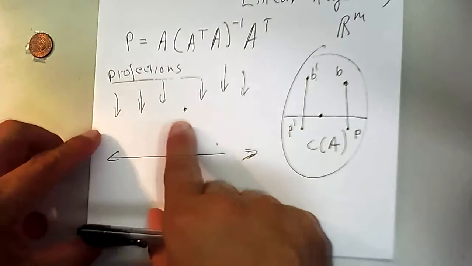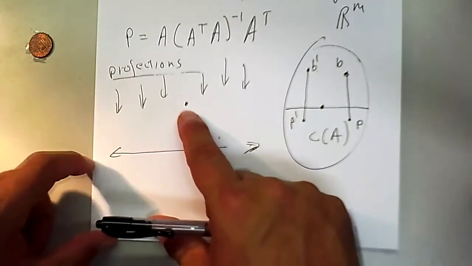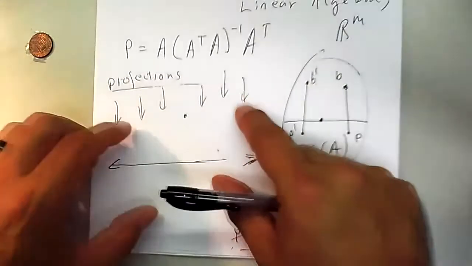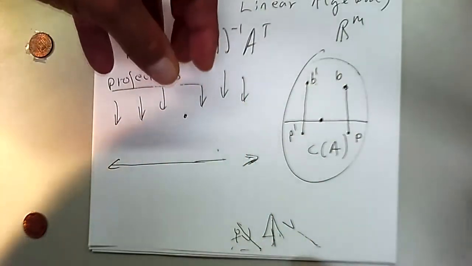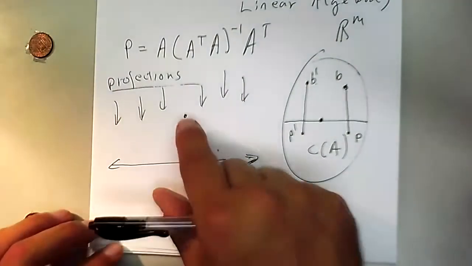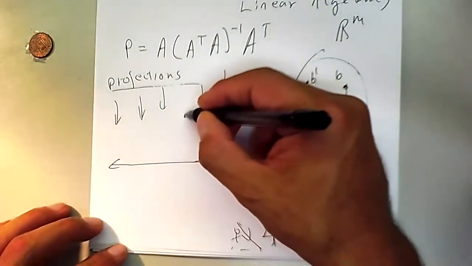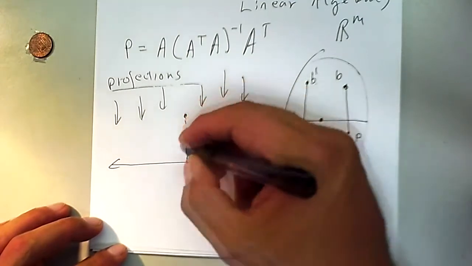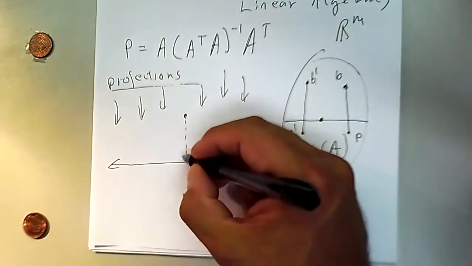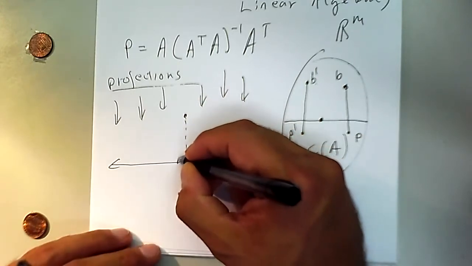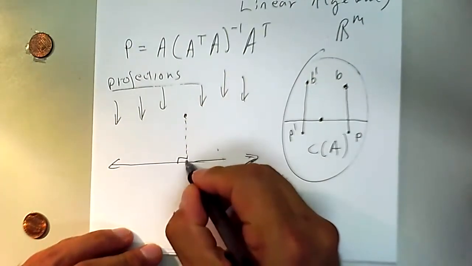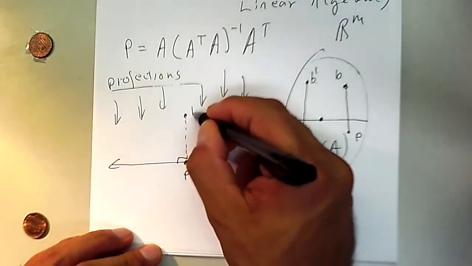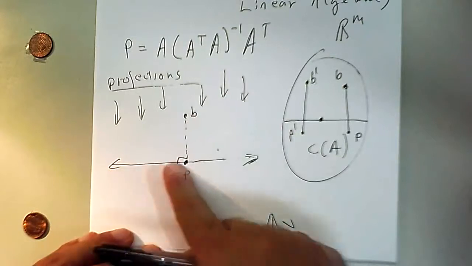So this speck of dust is going to produce a shadow, a tiny little shadow. Where is it going to be? We're assuming that the sun is perfectly vertical above us, or above the floor. Where will that be? Well, that's going to project down here. And if we have this dotted line, then we can think of this as a 90-degree angle. So this point down here is what we call the projection of this B point onto this line.